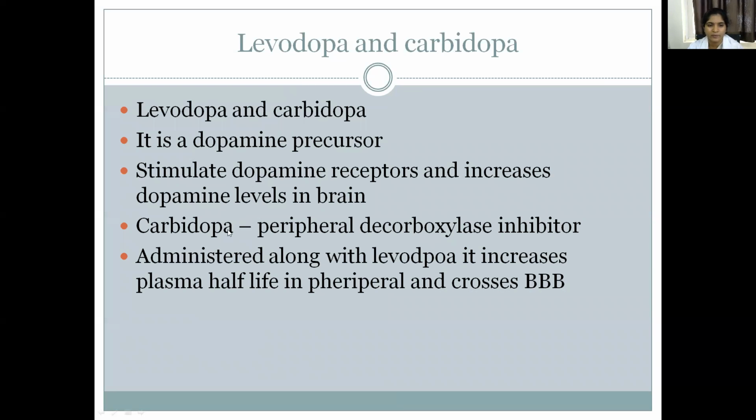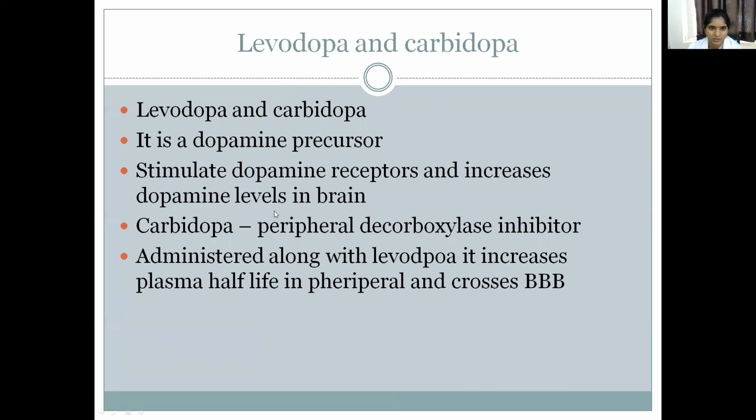And what is the purpose of carbidopa? Carbidopa is a peripheral decarboxylase inhibitor. Levodopa does not cross the blood-brain barrier. It is immediately degraded peripherally. So along with carbidopa, it will not degrade in the body, because carbidopa is a peripheral decarboxylase inhibitor. So levodopa will not be decarboxylated.